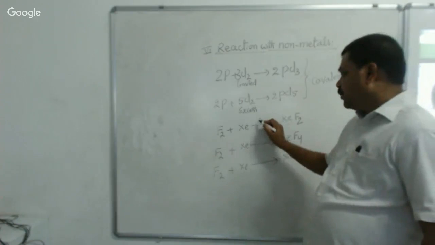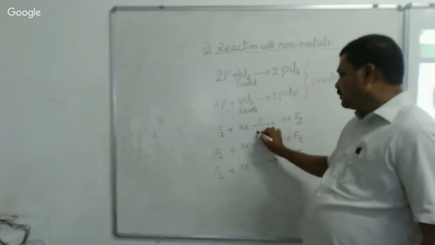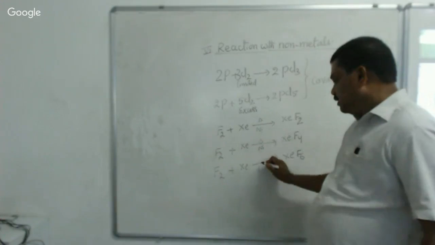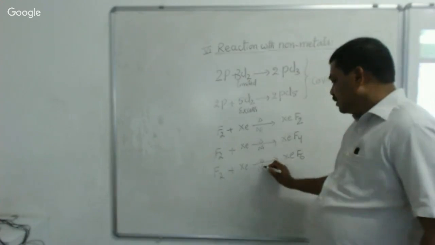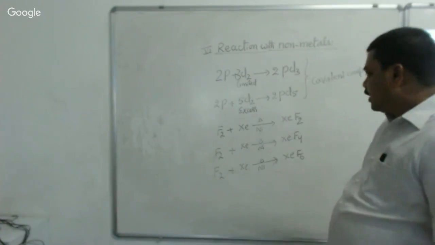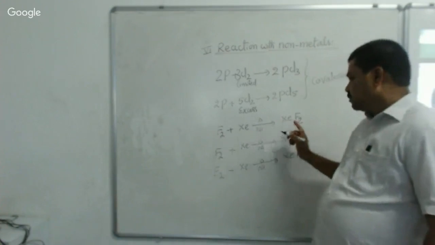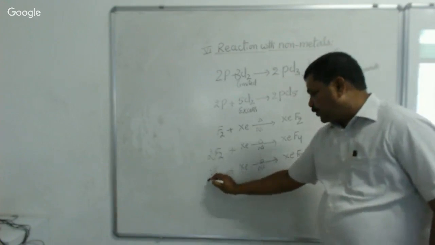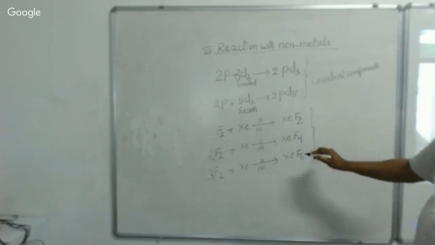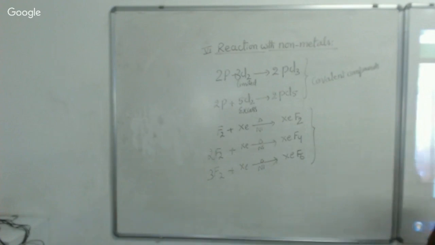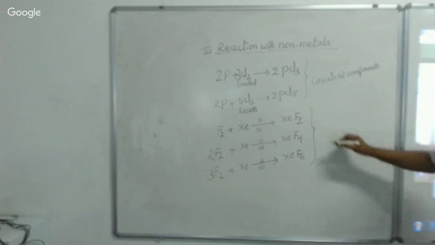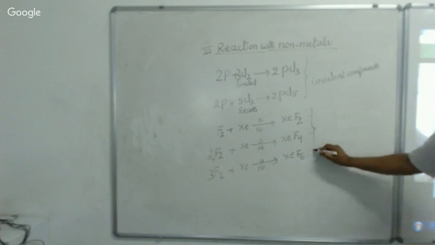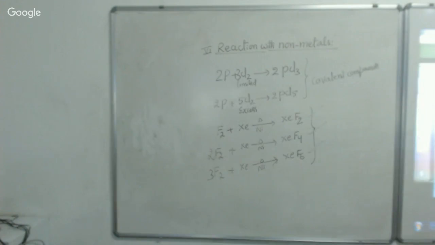For all these, high temperature and nickel catalyst are required. So these are all xenon compounds, xenon fluorides: xenon difluoride, xenon tetrafluoride, xenon hexafluoride.